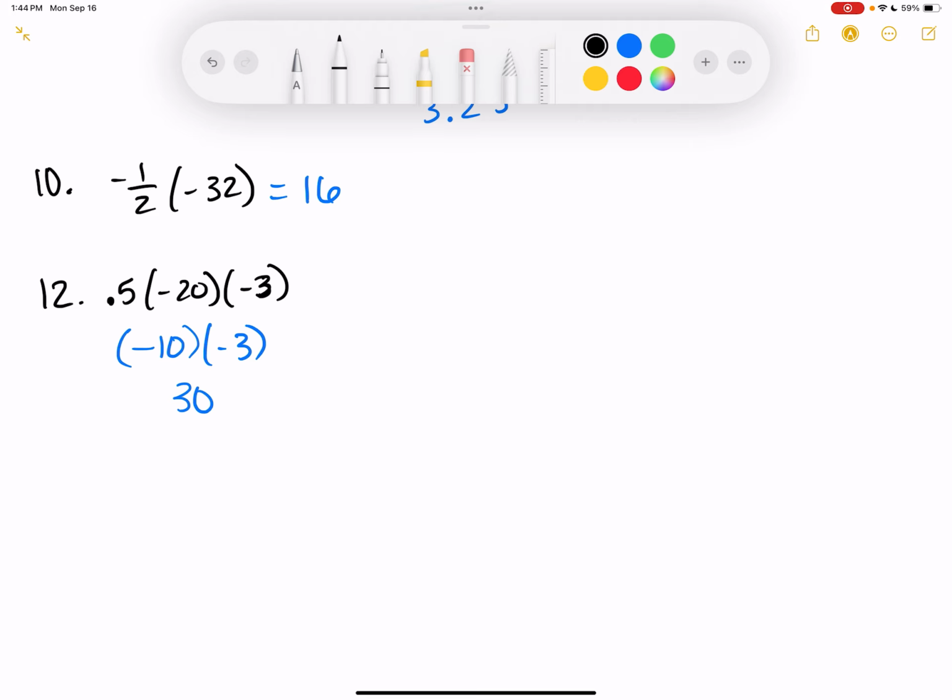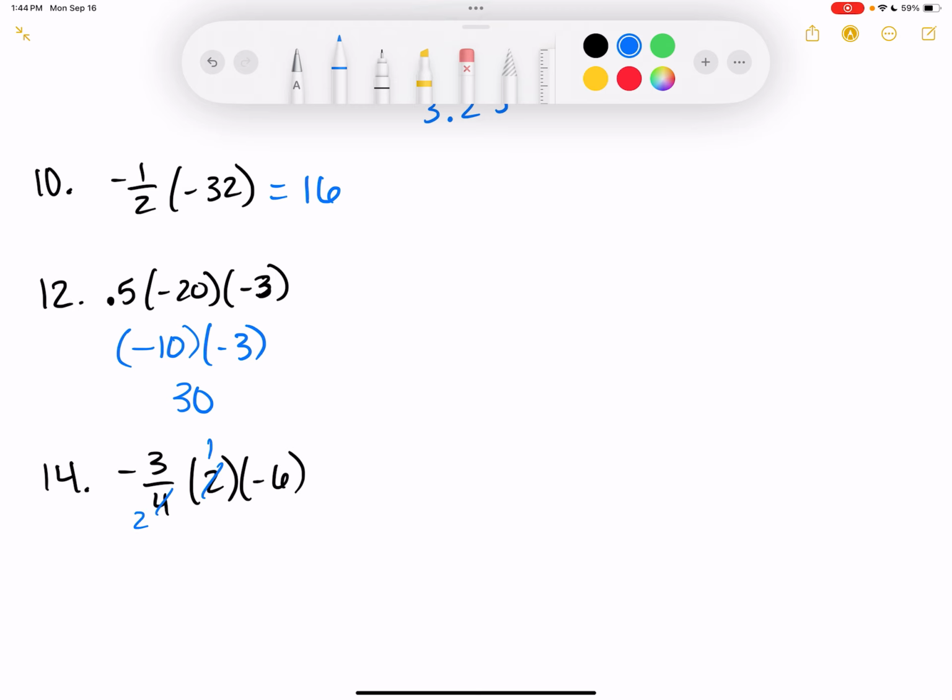Let's see, number 14. Negative 3 over 4 times 2 times negative 6. What I would recommend is to try to reduce down the fraction. I can take a 2 out of here, and that goes away and leaves you with a 1 there.